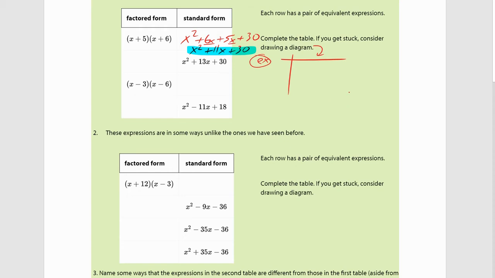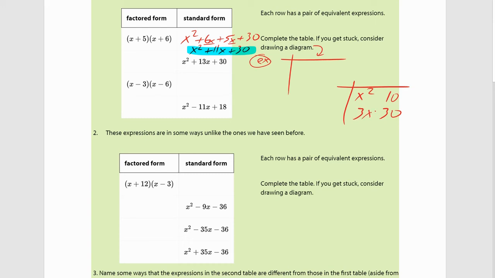Another example: we have x squared and 30 and 13x. What can we combine that gives us 13x? Those two numbers have to be a product of 30, but at the same time sum to 13. I know that 10 times 3 gives us 30.